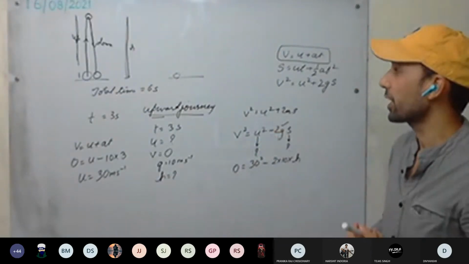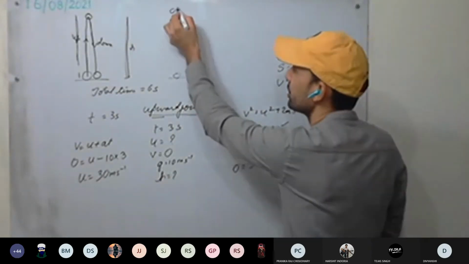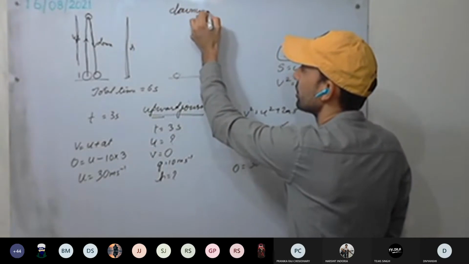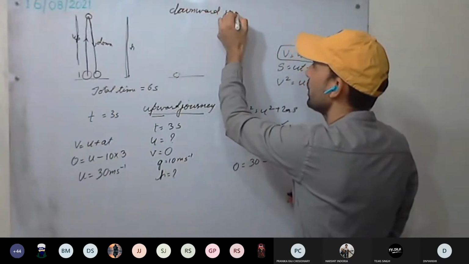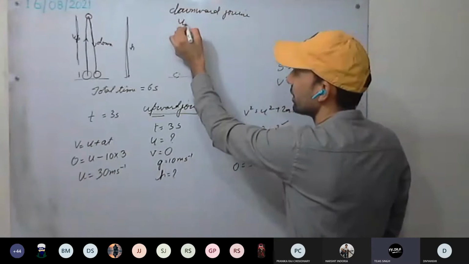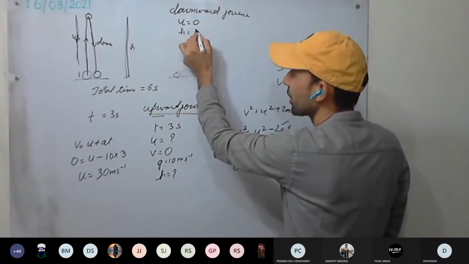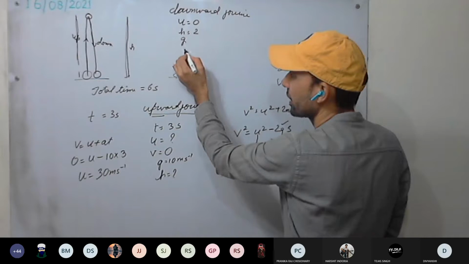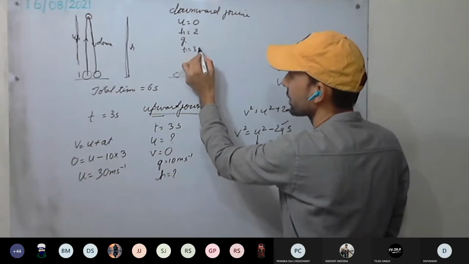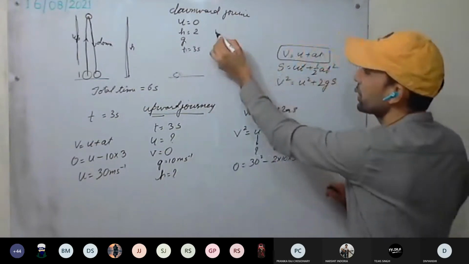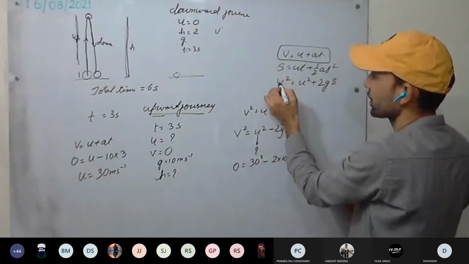What if you have taken the downward journey? The initial velocity will be how much? 0. h you have to calculate. g is given and time is 3 seconds. This time which equation are you going to use?